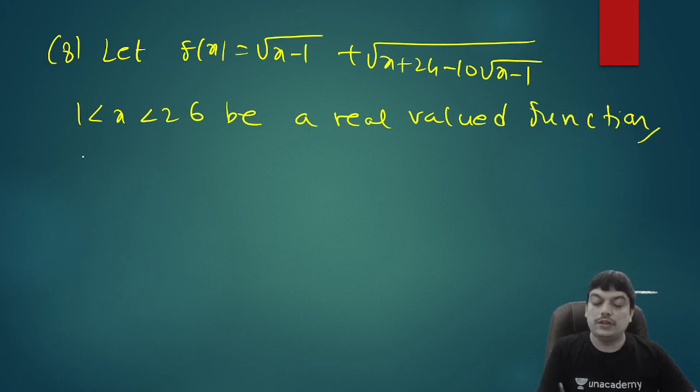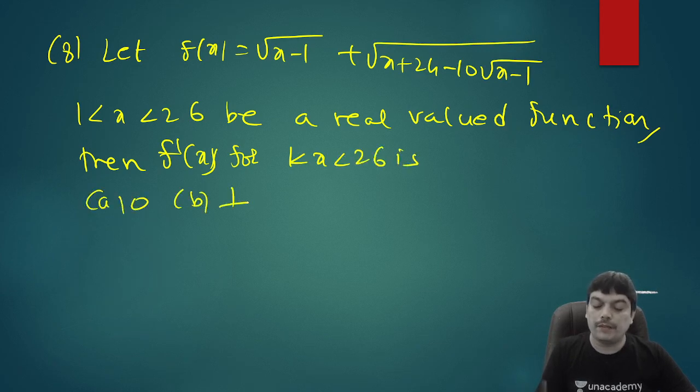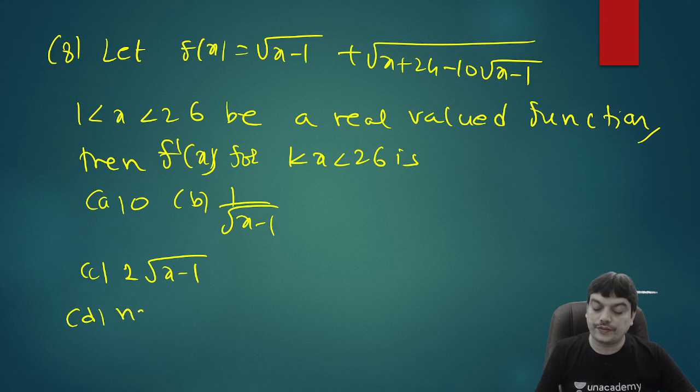Then you need to find f dash x for 1 less than x less than 26. The options are 0, 1 by root of x minus 1, 2 root of x minus 1, and none of these.